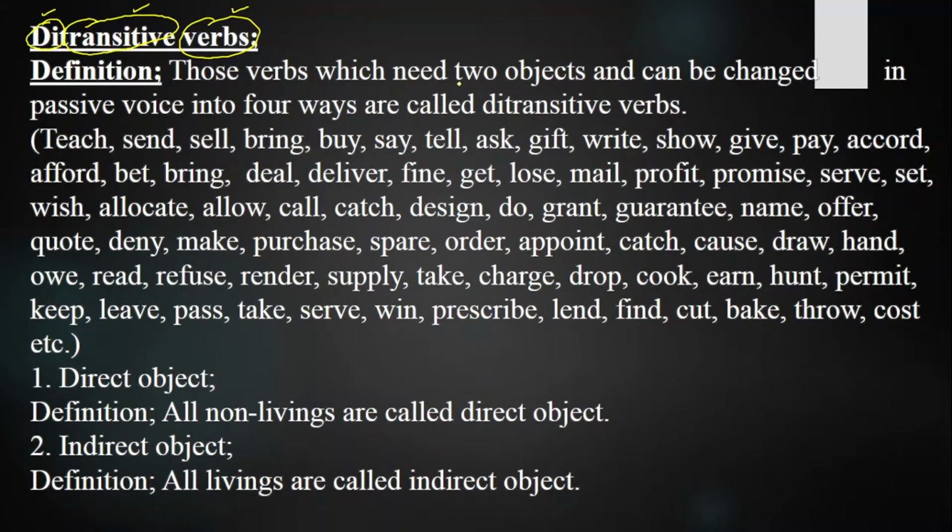So those verbs which need two objects, and can be changed into passive voice in four ways, are called the ditransitive verbs.